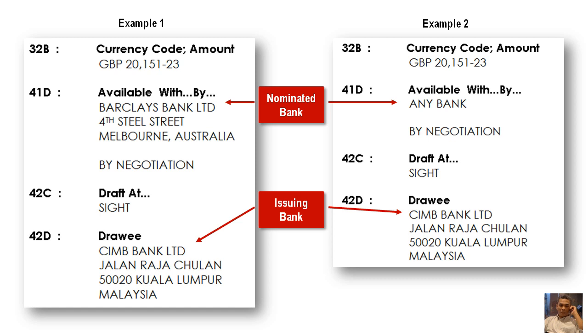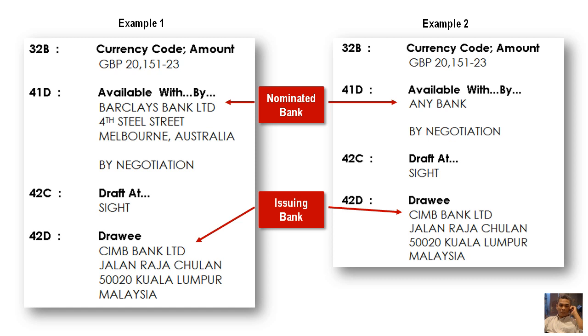Now, to get the payment, the seller must draw a sight draft on the issuing bank and present the draft and documents to the issuing bank. This is what the LC is saying, because the issuing bank is the bank that is holding the funds for payment, and it is also the bank that issues the irrevocable and definite undertaking to pay.